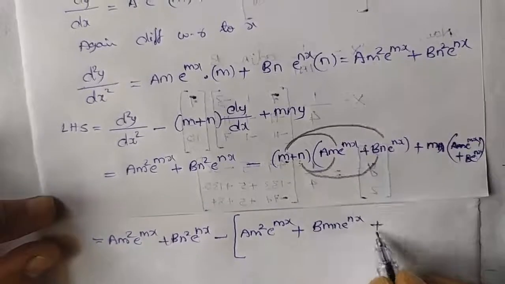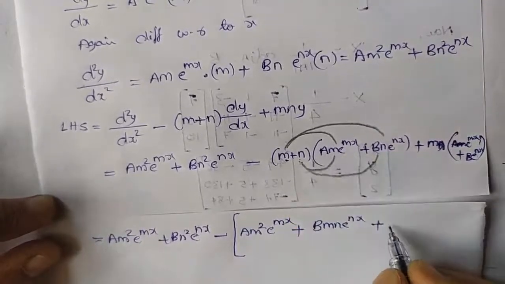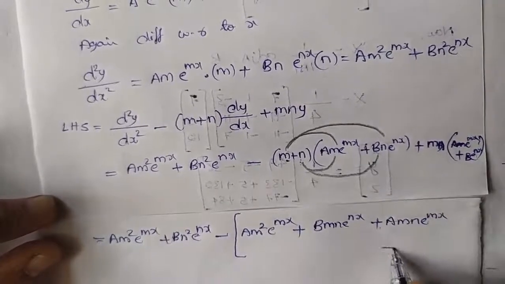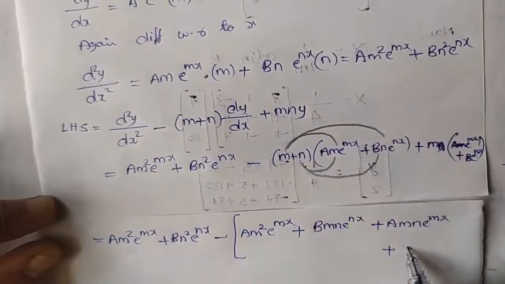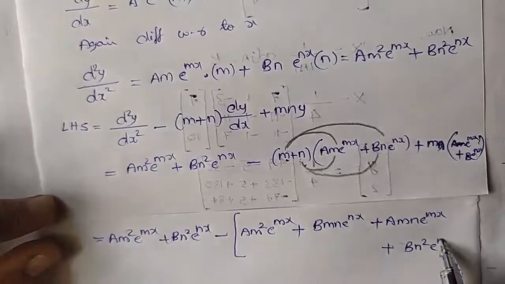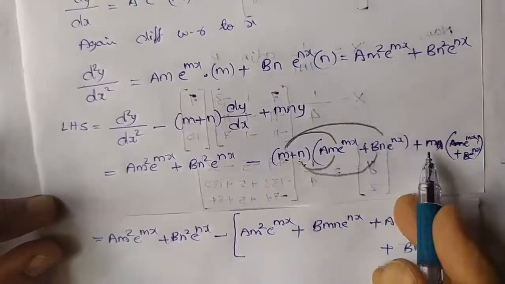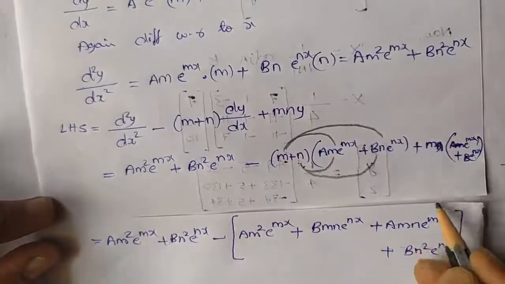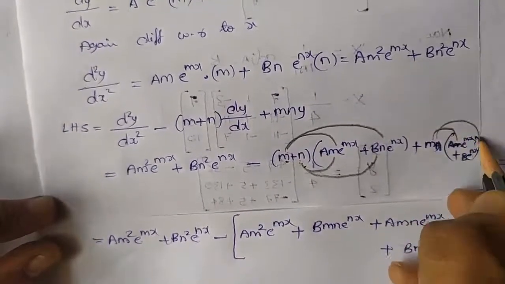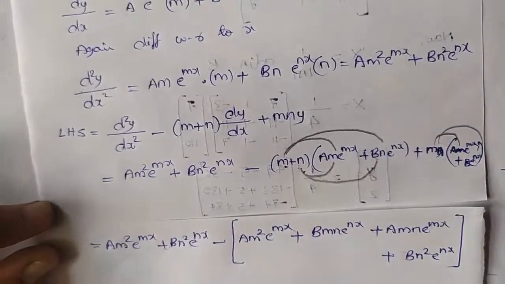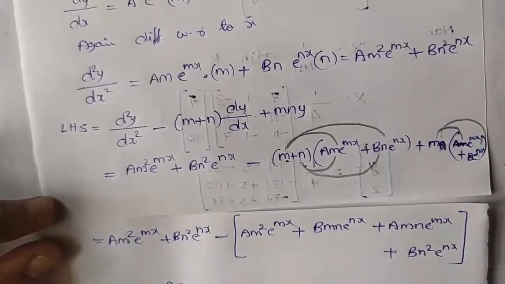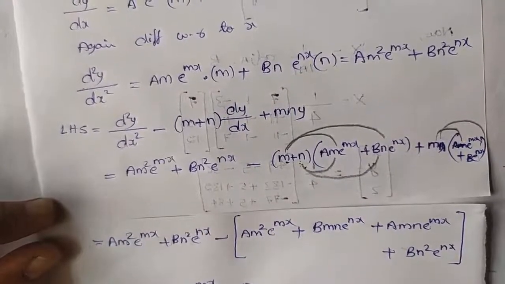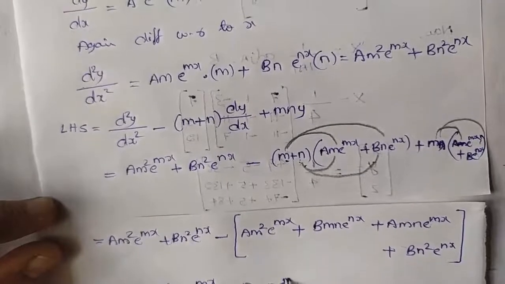Next plus a m n e power mx plus next b n into n is b n square e power nx. Next we will have one more plus mn. Multiply this mn inside these brackets: a m n e power mx plus b m n e power nx.